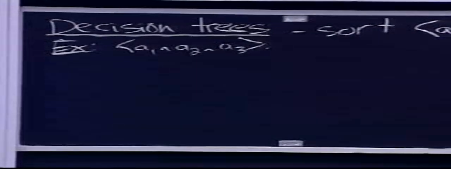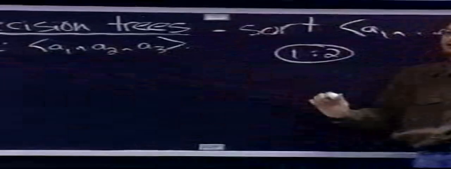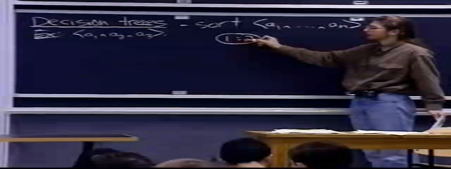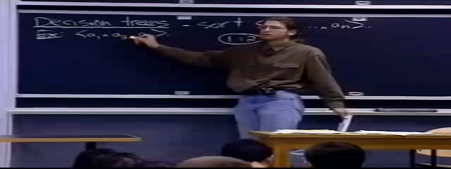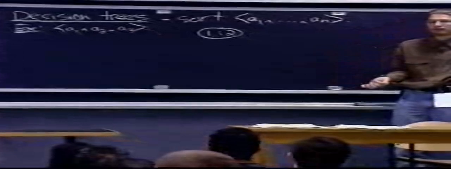The idea with decision trees is, all you can do is compare the numbers. For example, we could compare 1 versus 2. I'll be assuming for now that all of these AIs are distinct, so none of them are equal. So the answer to this question, how does A1 compare to A2, is either A1 is less or A2 is less.